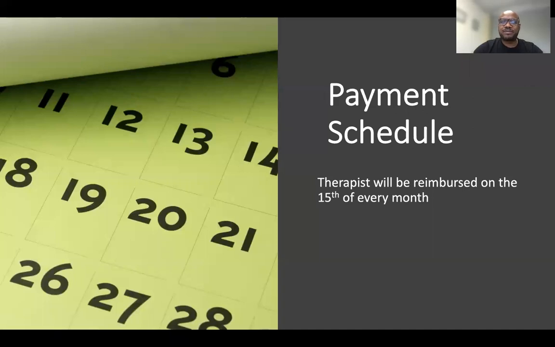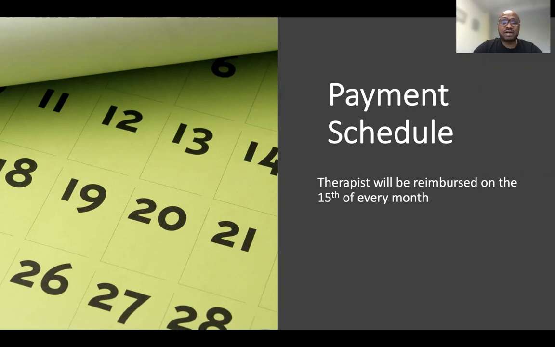Payment. Therapists at my organization are paid or reimbursed on the 15th of every month for the previous month of work. That's just how we do it at my organization. You can identify what you want at your organization. I go with that because we're a small organization. You can bill every week; it all depends on how many clients you have.